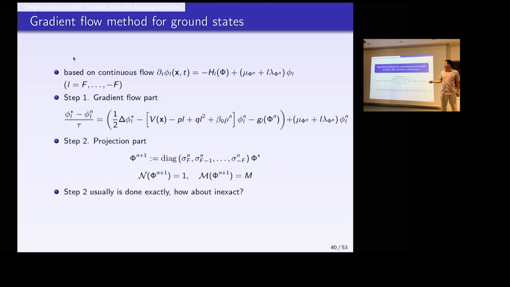But because the PDE itself has some corrections, if you do the projection to let the solution deviate from the constraint manifold, as long as you keep it small, the gradient flow mechanism will automatically pull it back to the constraint manifold.